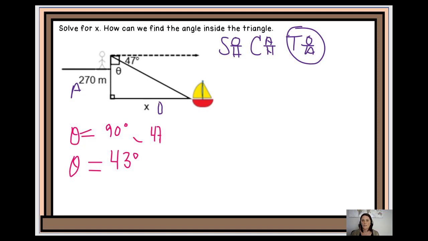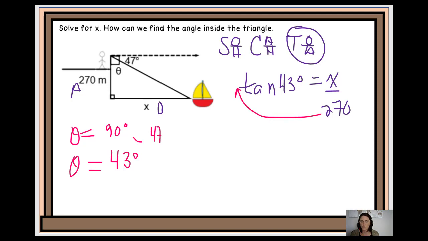So let's go ahead and substitute in the information that we know. So tan 43 degrees equals x over 270. Okay, you'll notice our x is in the numerator, so we're just going to move the 270 in front of the tan 43.